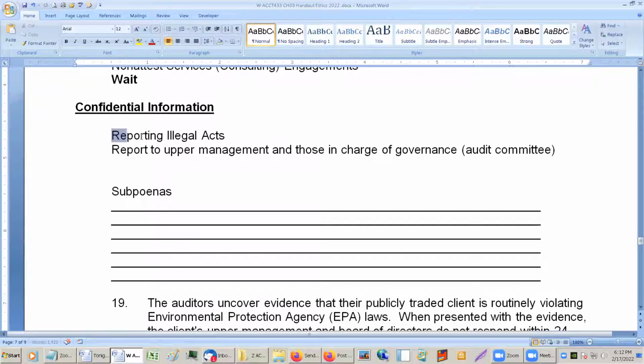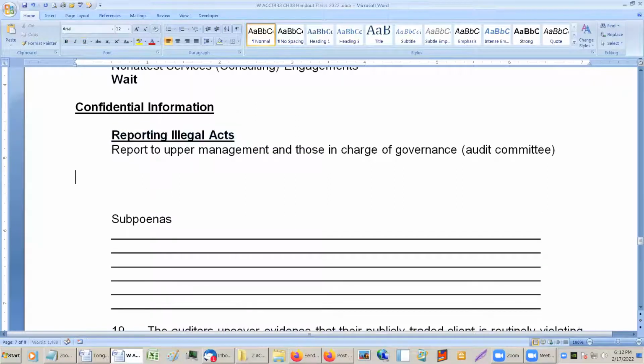Okay, reporting illegal acts. PCAOB. If no action taken.